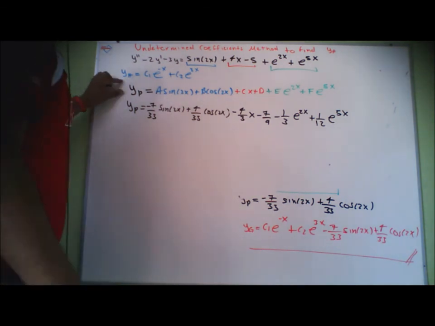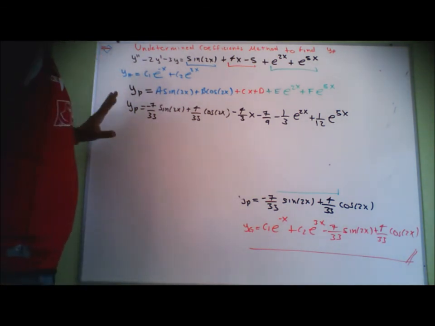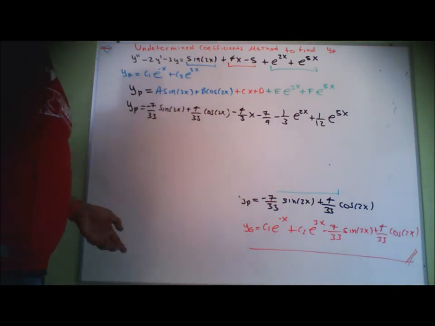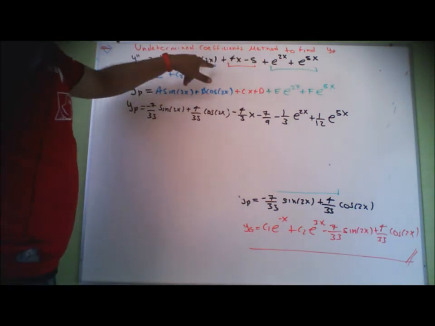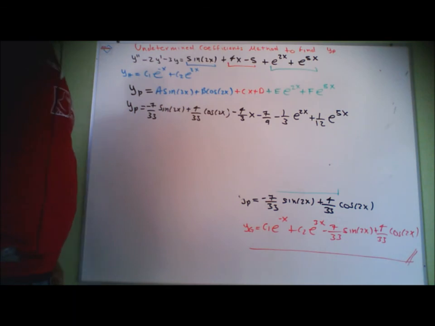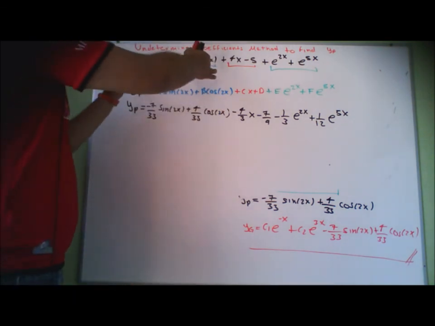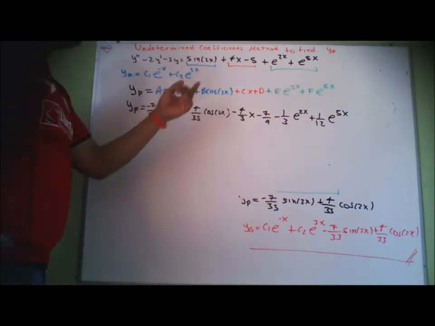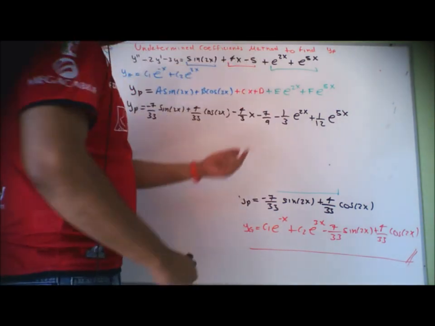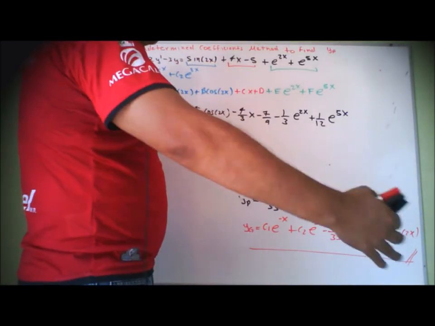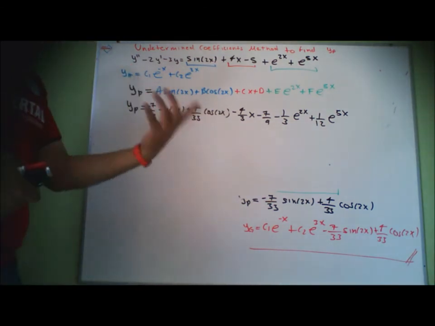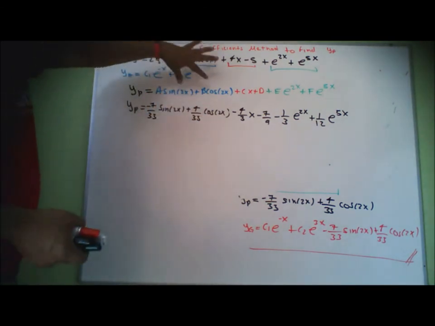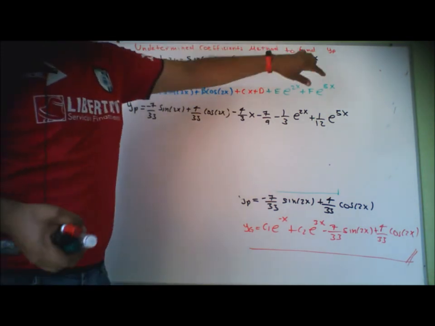If I try to do this here, I don't have enough space to finish it. My point here is that because you have different types, the sine, the polynomial, and the exponential, you can do it separately. You resolve this in one part, and then you can do that in another part, and then just bring them together in a single solution. That is called superposition of solutions. Okay, this part of the solution, this part of the solution, and this part of the solution.